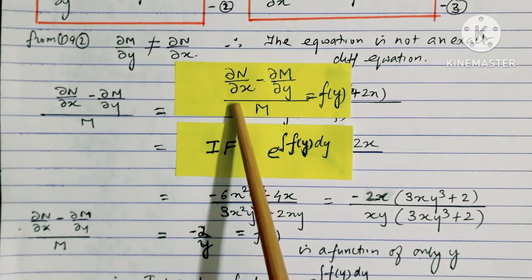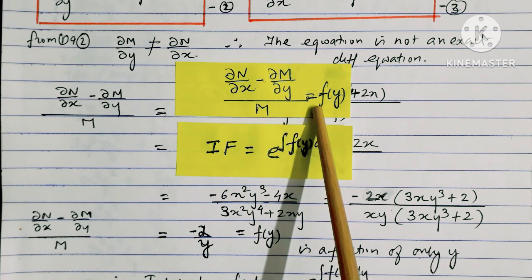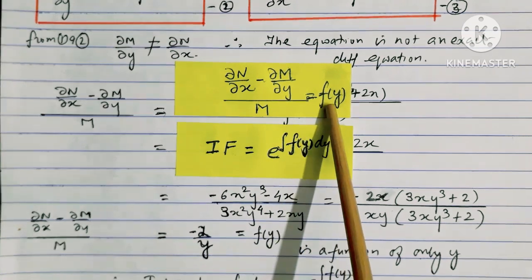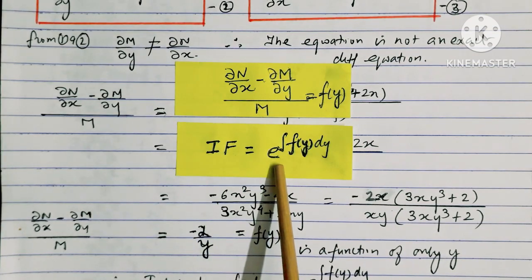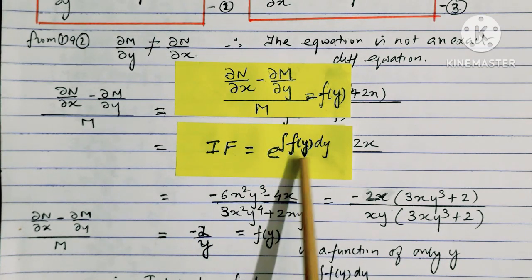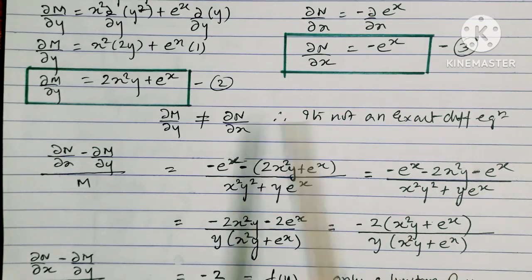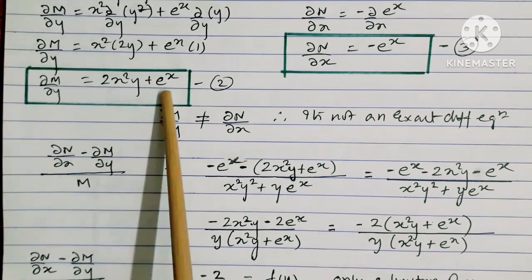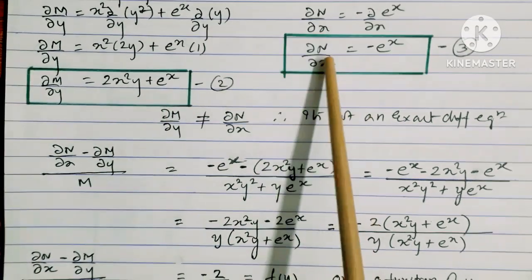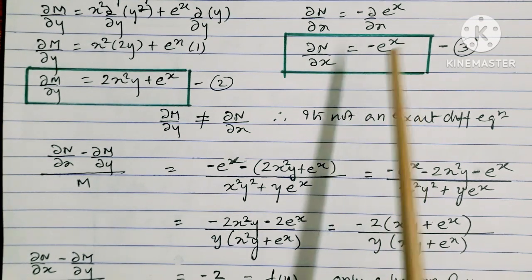Now if (∂N/∂x − ∂M/∂y) upon M is a function of y only, say f(y), then the integrating factor is equal to e raised to the integral of f(y) dy. Now ∂M/∂y is equal to 2x²y + e^x and ∂N/∂x is equal to −e^x.